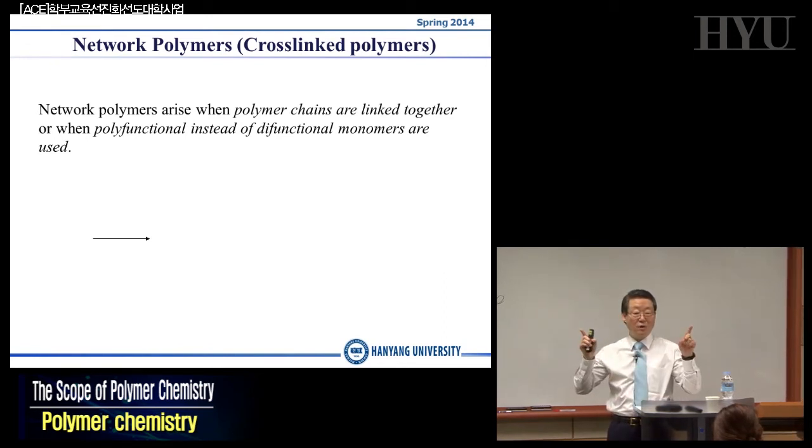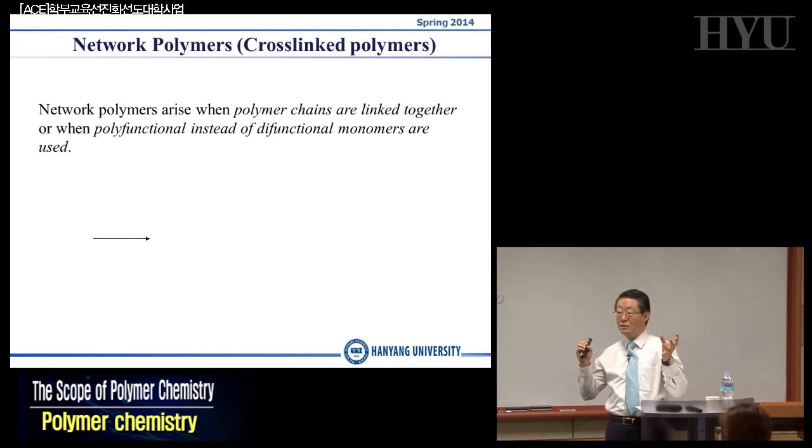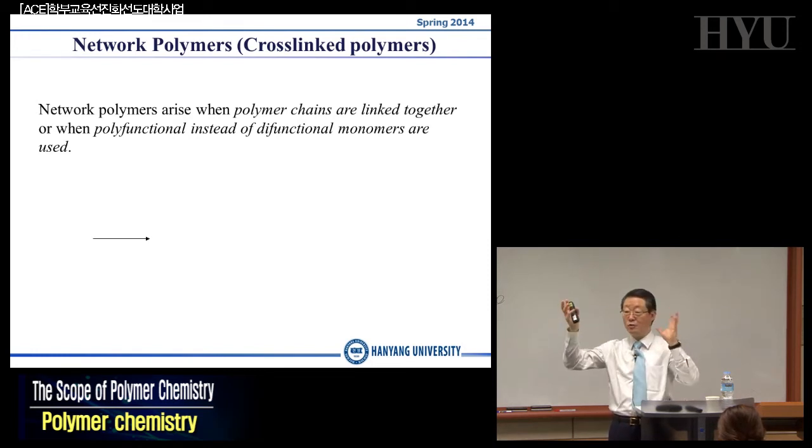Difunctional means that you have two functional groups, such as an amino acid. Amino acid has two functional groups, an amine group and a carboxylic acid group. Whereas polyfunctional means that you have many functional groups. If you have many functional groups, then you can form the cross-linked structure or the network structures.